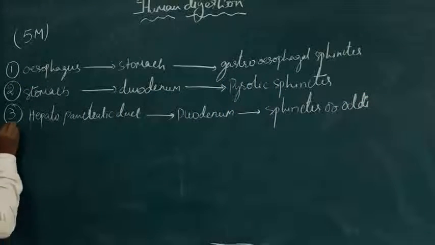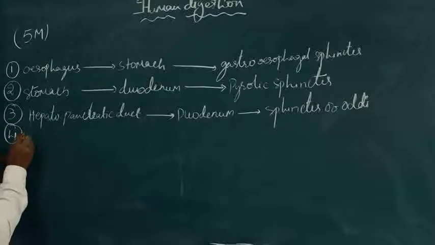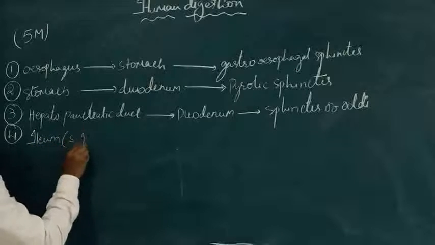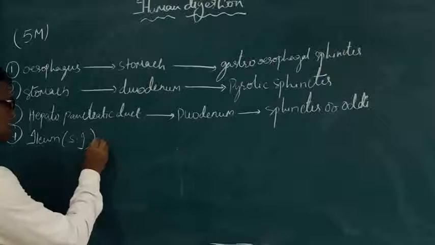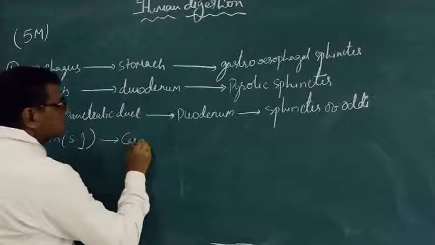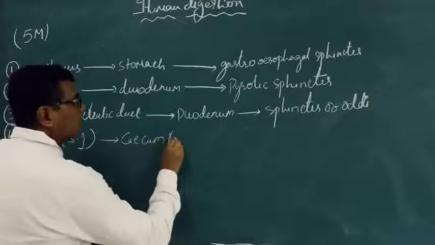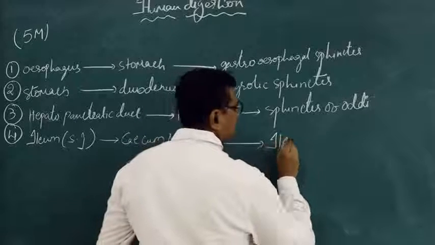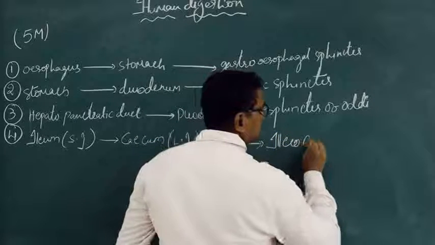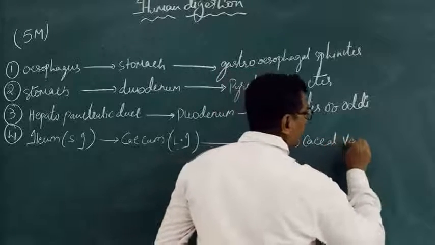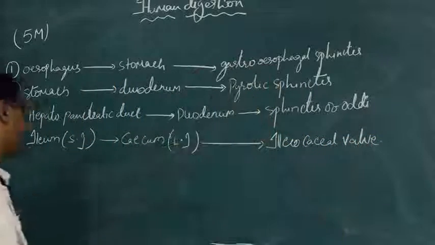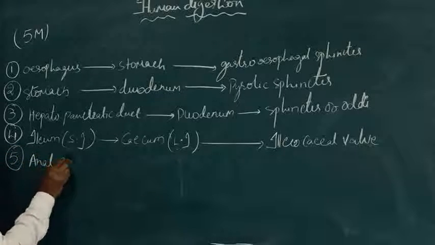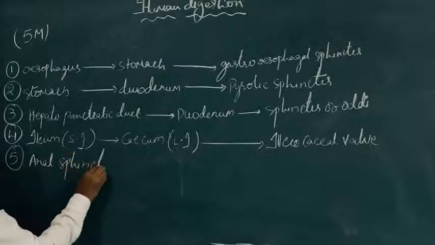The fourth sphincter is present at the ileum of the small intestine, and the cecum of the large intestine, called the ileocecal valve, and the fifth sphincter is the anal sphincter at the anus.